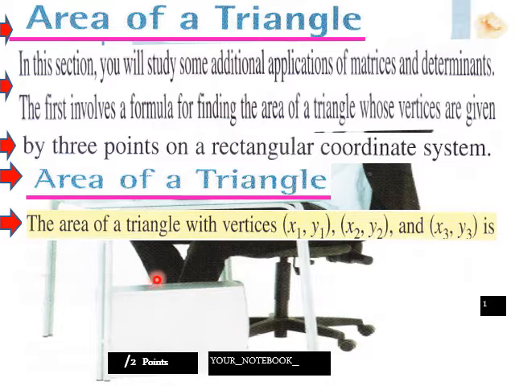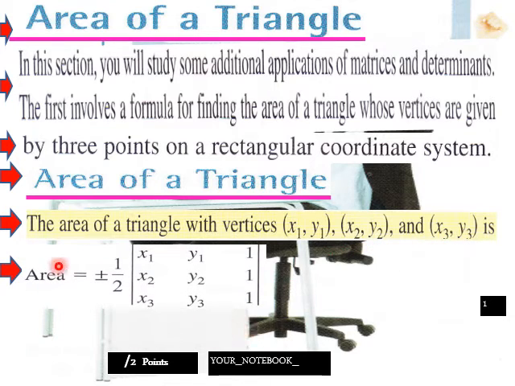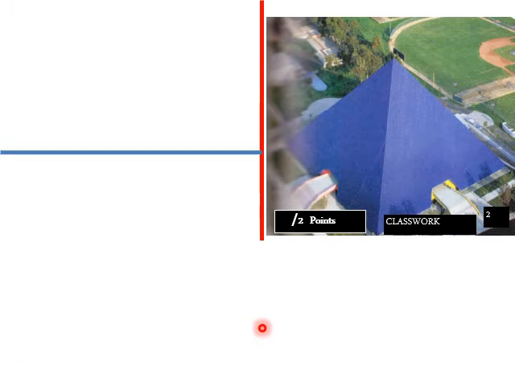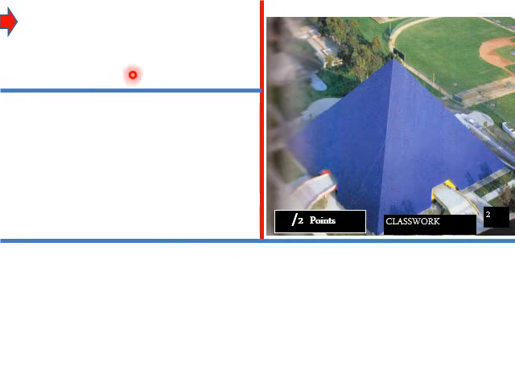So the area of a triangle, for example, with vertices at x1, y1, x2, y2, x3, y3 is like this in a determinant form here. Area would equal plus or minus 1/2 times our determinant here, where the symbol plus or minus indicates that the appropriate sign should be chosen to yield a positive area. So we don't deal with negative areas, we have to deal with positive areas.